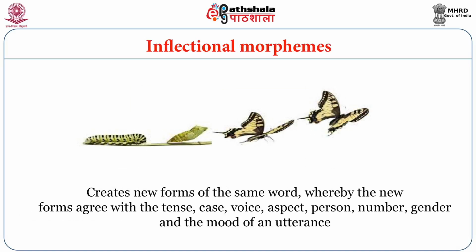Now, what is inflectional morphology? Inflectional morphology creates new forms of the same word, whereby the new forms agree with the tense, case, voice, aspect, person, number, gender, and the mood of an utterance.